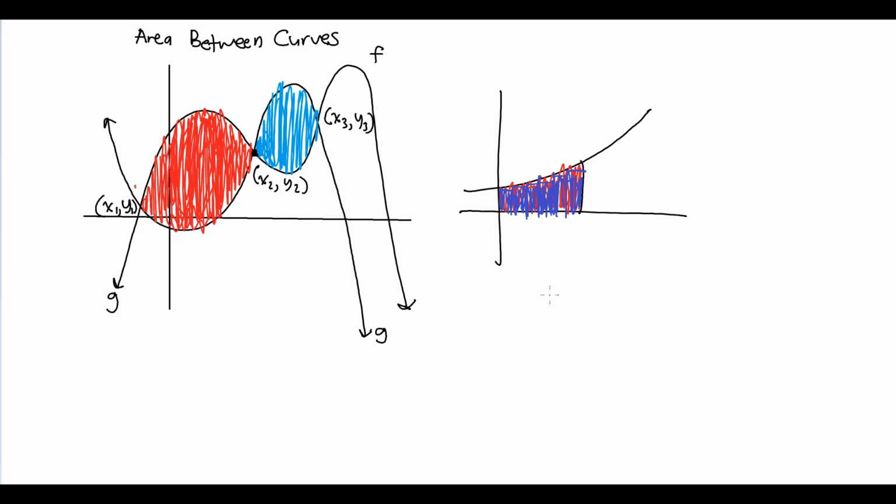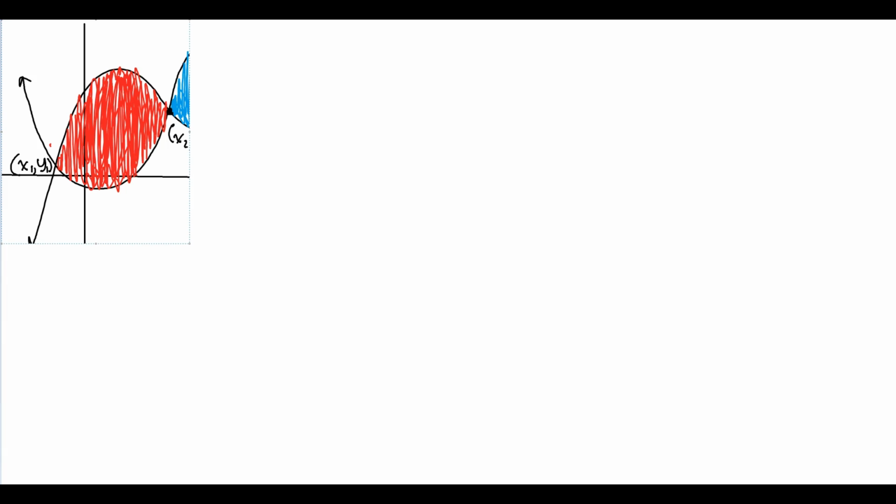So let's zoom into this section, okay? So what we're going to do is we're going to take this section of the graph. Okay, let's copy this. And now, so here are our graphs.